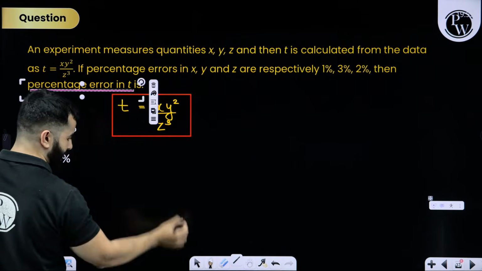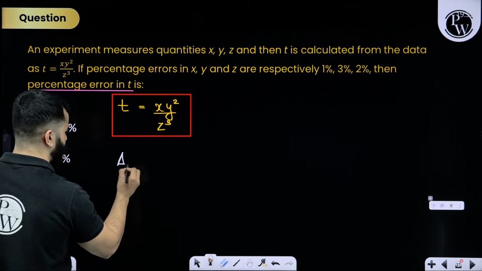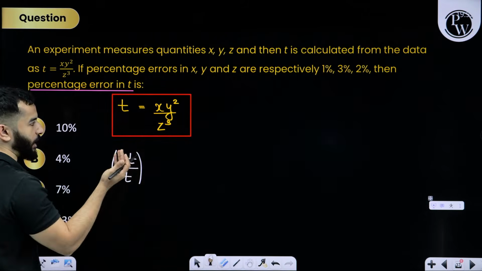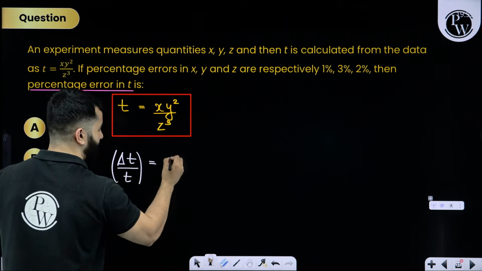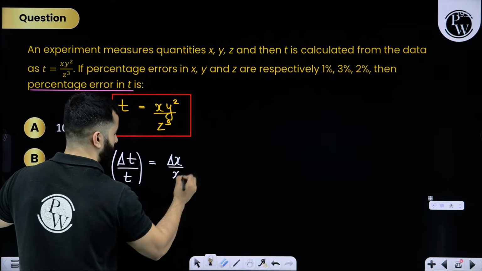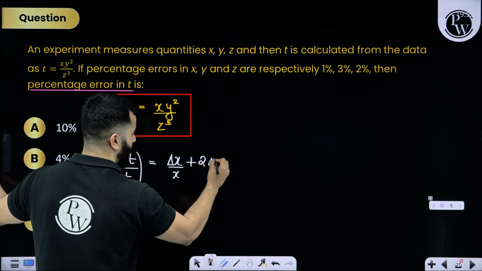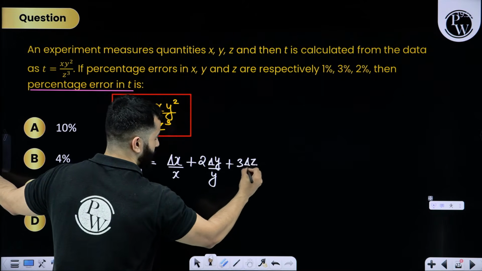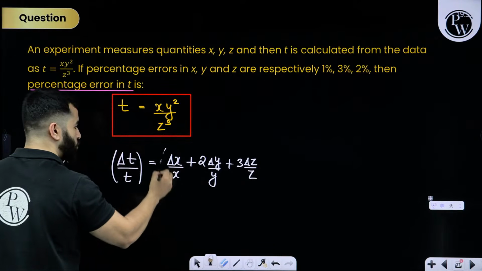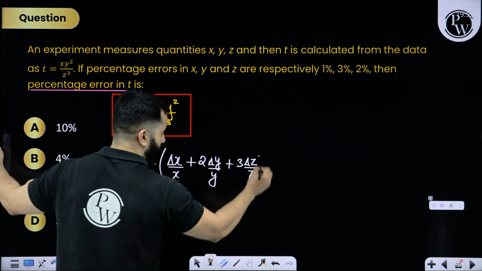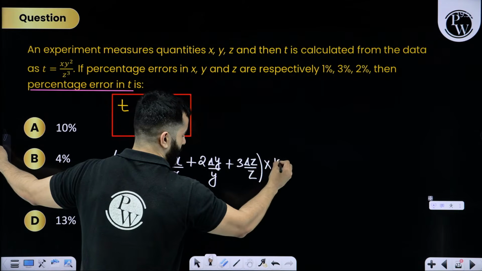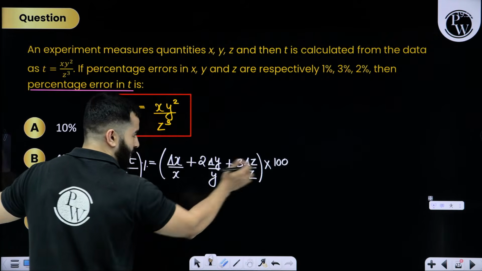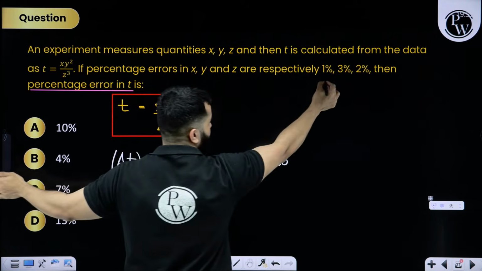Percentage error in T basically means they want us to find delta T upon T. And now you can remember that we have the power rule, so we can directly write delta x upon x plus 2 times delta y upon y plus 3 times delta z upon z. That's it. And now, if they want the percentage, then multiply by 100. After multiplying by 100, delta x upon x multiplied by 100 is already given as 1%.